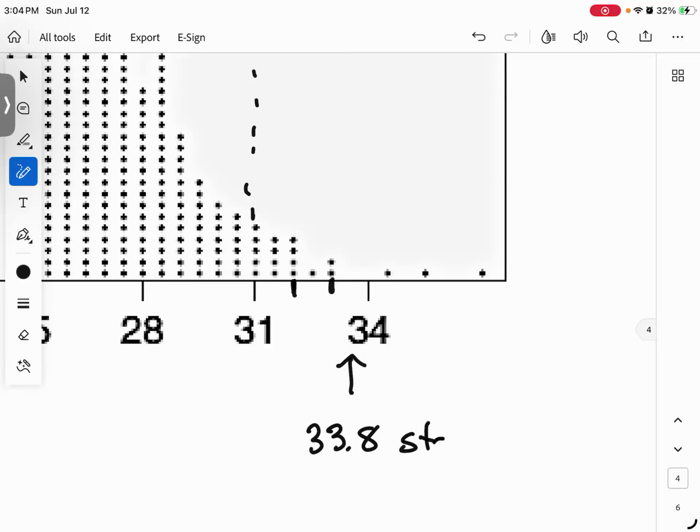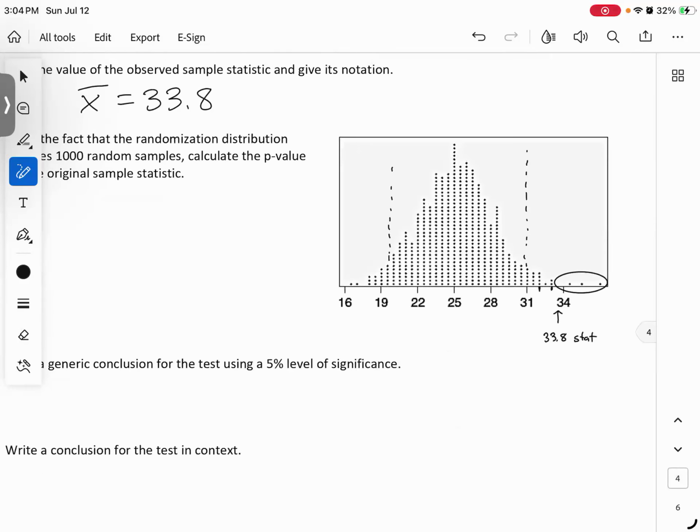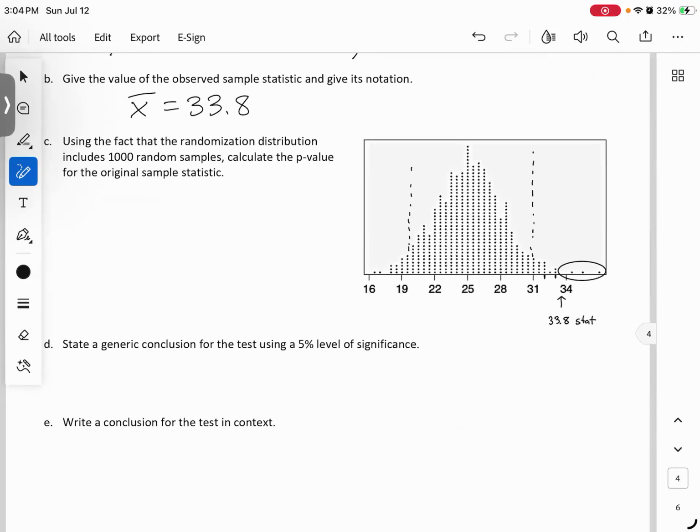And again, the reason why we're doing 33.8 is because we're trying to get the p-value for that statistic. Like, how likely was that to have been a fluke? Well, there's nothing above it to count, but there's still three dots to the right. So the p-value is the proportion of these dots that are as extreme or more extreme than what was observed.